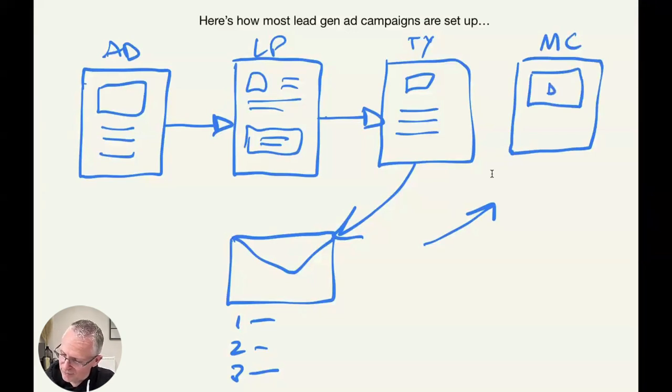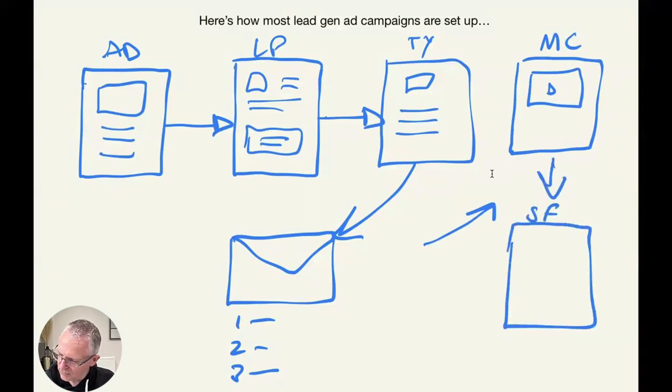And then they're going to watch that video, and then you might drive them to a sales funnel, where you'll have a sales page, and then they'll go to a checkout page and a thank you page or a purchase confirmation page. So this is a very traditional lead gen type direct response campaign that you would set up.